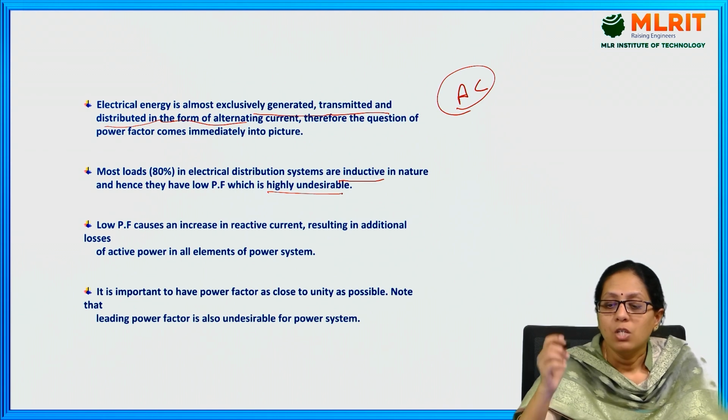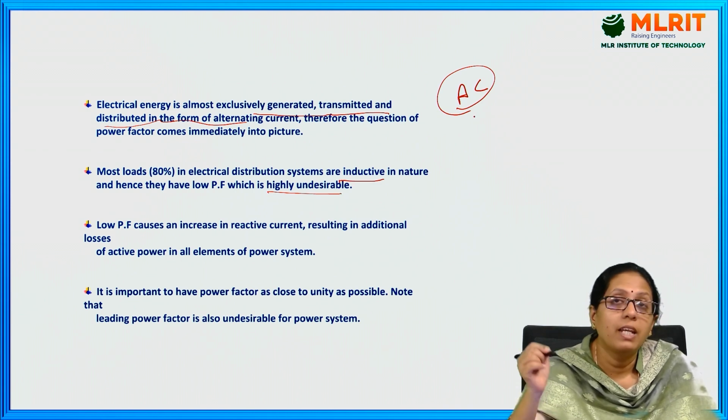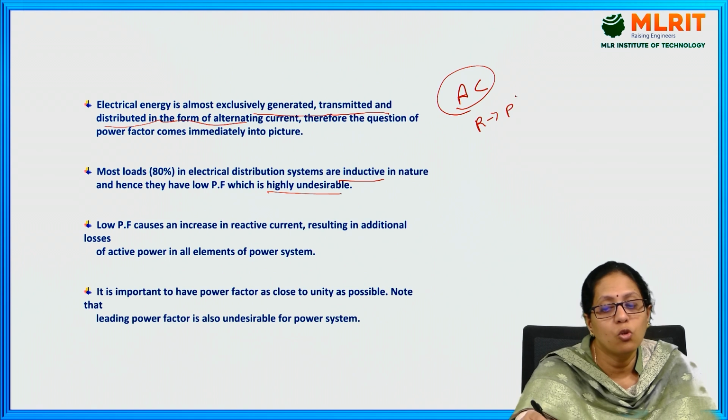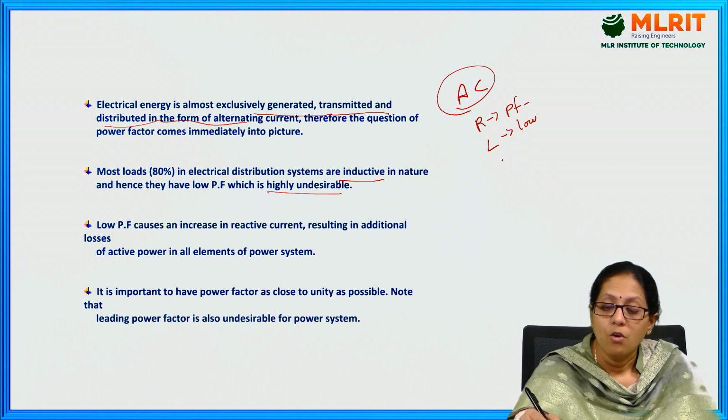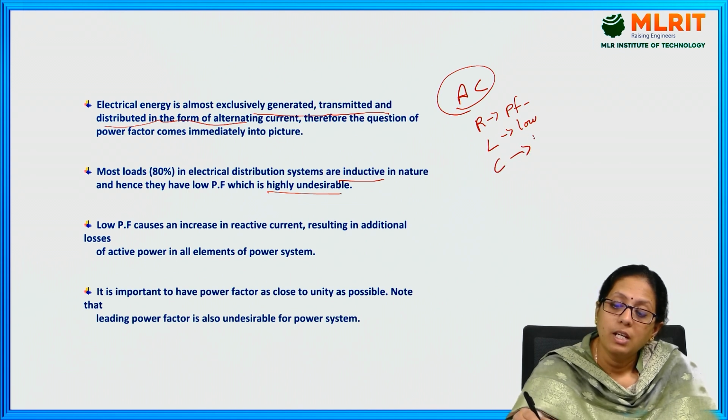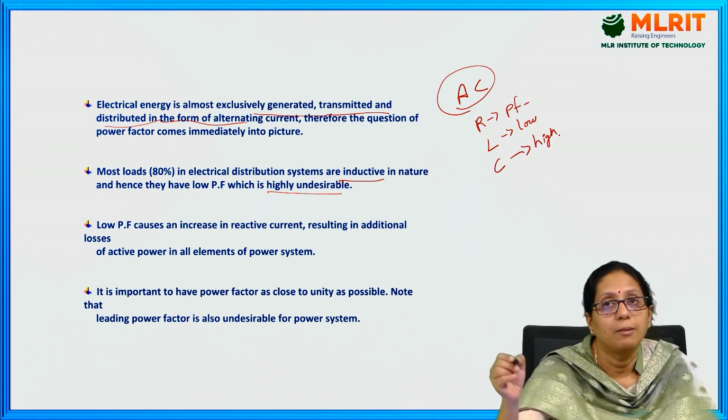Okay. So when AC comes into the picture, if it is a resistive load, there is no power factor difference. But for an inductive load, the power factor is low. For a capacitive load, it is high.